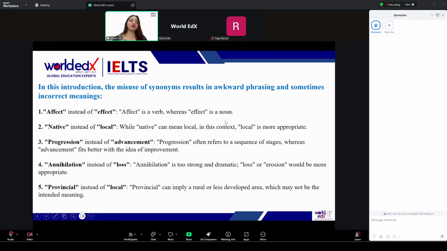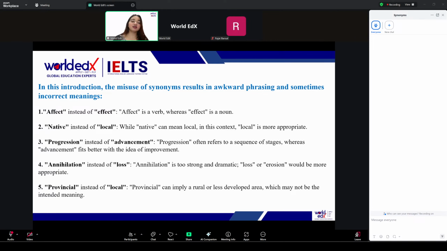Okay. Now the next is, in this introduction, when we talk about synonyms, you also need to know that there are some words that sound very similar, but mean something different. For example, affect and effect. Both of them have different meanings. Affect and effect, native and local. Native is someone who has originated from a particular place, but local are the residents.